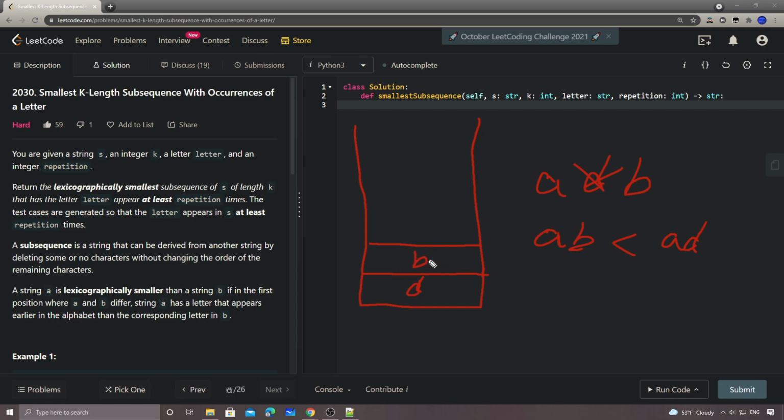We're trying to get the smallest subsequence as small as we can by trying to pop as many of the bigger letters prior to the current letter, following some constraints, right?